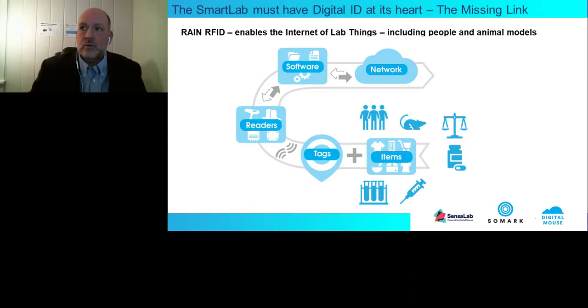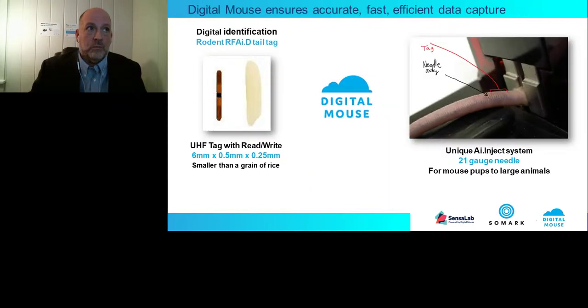Passive ultra-high frequency tags are already used in billions of devices and extensively in logistics to track assets in real time and space. It's a proven low-cost, accessible, and scalable technology platform already at the heart of Industry 4.0 and will become part of the standard in the Lab 4.0 revolution too.